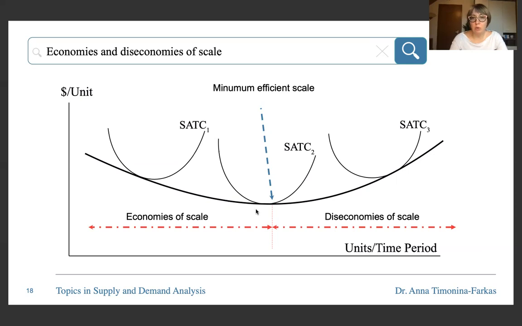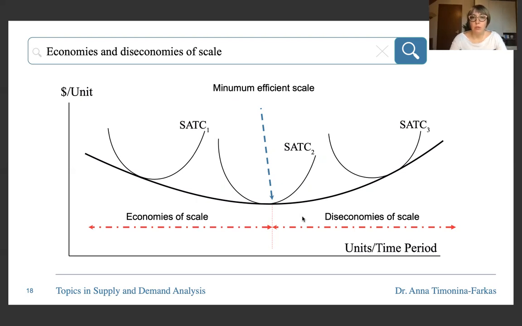In diseconomies of scale, the opposite happens, and the law of diminishing marginal returns takes place, and you have an increasing pattern of cost per unit. Of course, one wants to avoid diseconomies of scale, and these can happen when the operations are too large, companies too large and managed poorly.